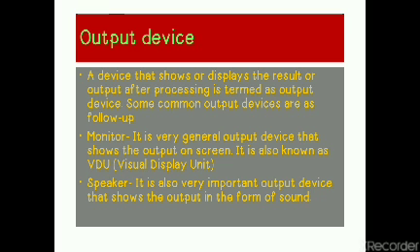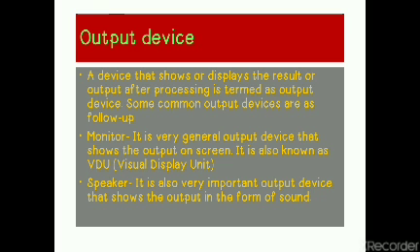The device that helps us to display or show the result is termed as an output device.